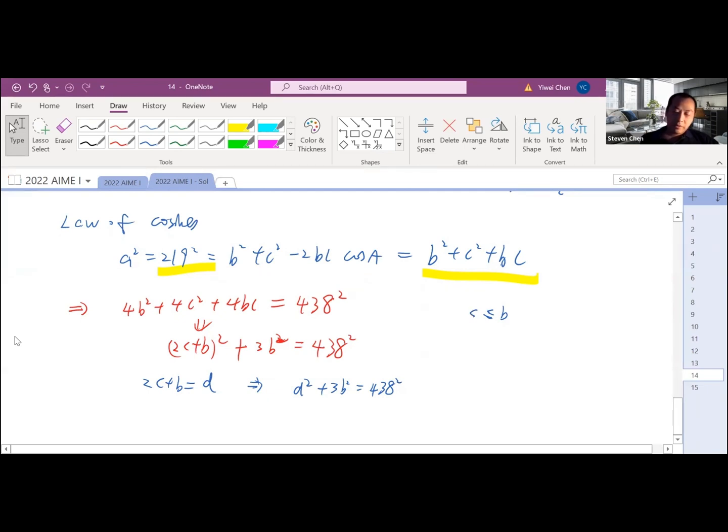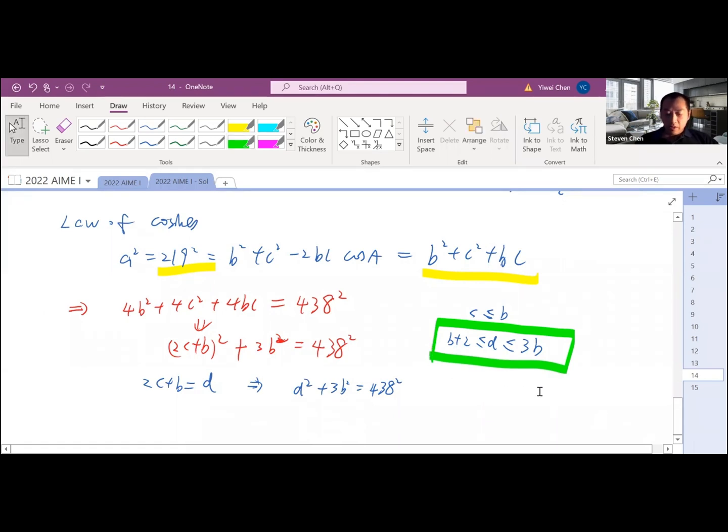First, we know that d must be bigger than or equal to b + 2, because the smallest value for c must be 1, right? So what is the upper bound of d? Because c is upper bounded by b, 2c + b is less than or equal to 3b. So d is upper bounded by 3b. So basically, this is the domain for d.